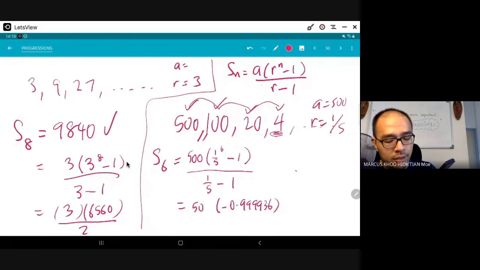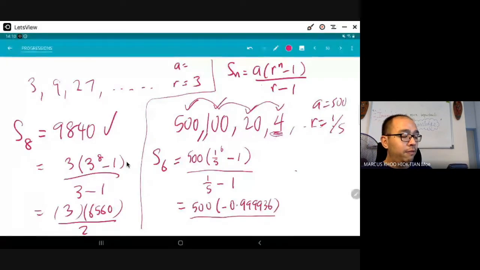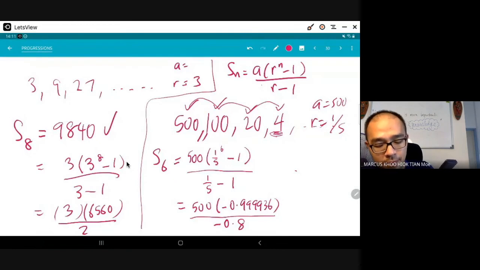Multiply by 500, divided by 1 over 5 minus 1, which will give you negative 0.8. Okay, this is normal, don't worry about this. 500 times negative 0.999936 divided by negative 0.8.